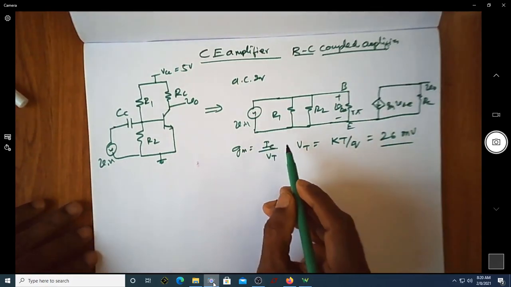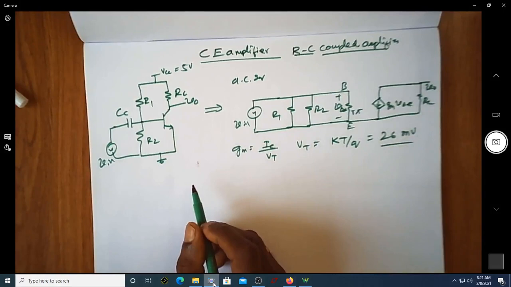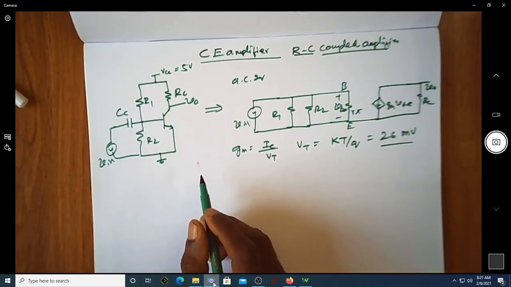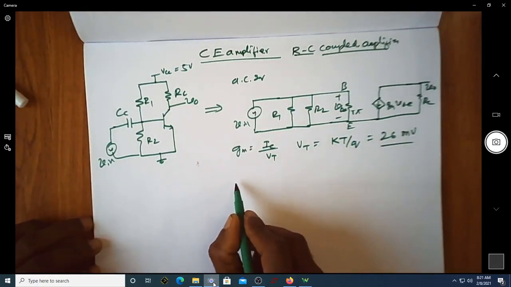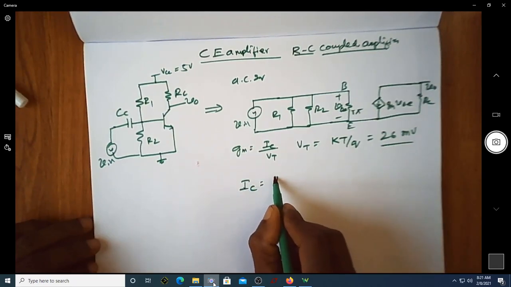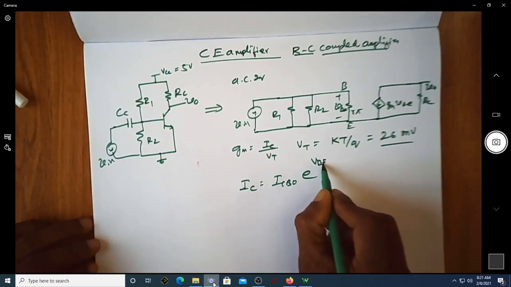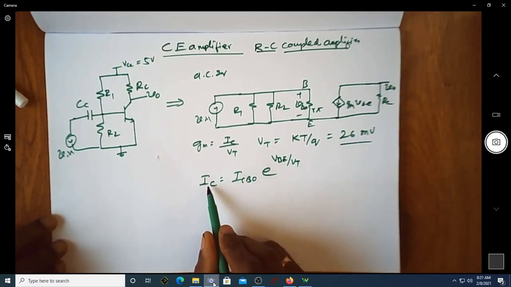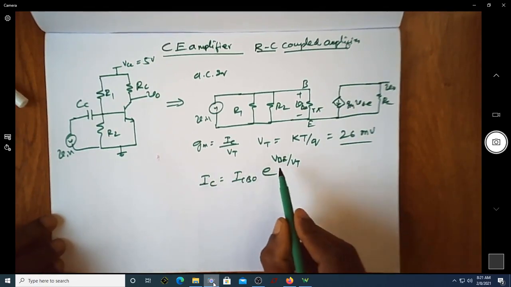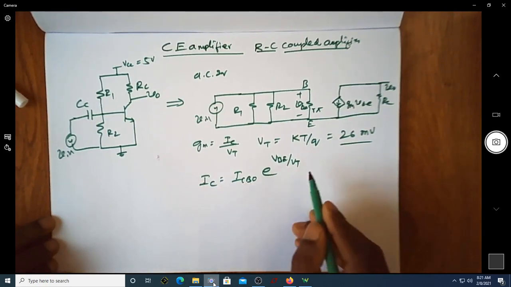So we can certainly get the desired value of IC by fixing the R1 and R2 values, which will decide the VBE, which will also fix the value of IB. So IC is given by ICBO exponential VBE by VT. This is the expression for how the collector current is related to the base to emitter voltage, the thermal voltage, and the reverse saturation current.